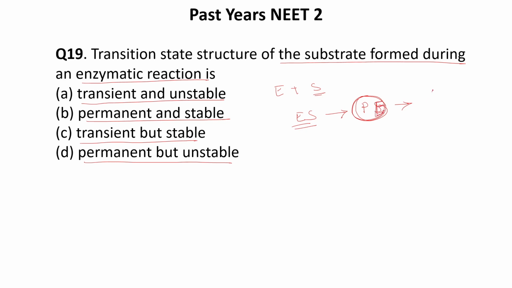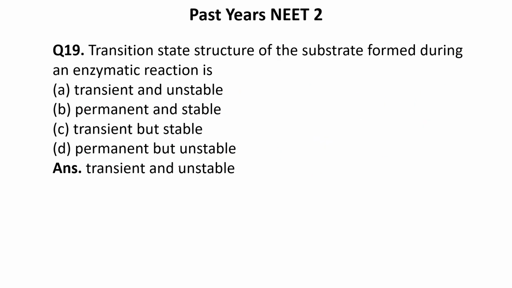Product is released and enzyme is again available for the next round of reaction. So this ES is a transient stage and unstable. It is not a stable compound. So the first statement, transient and unstable, is correct.